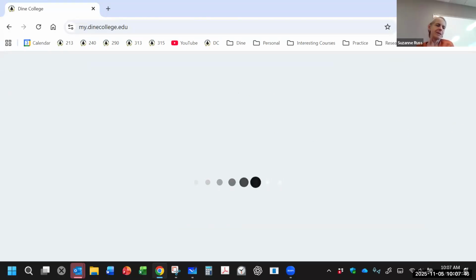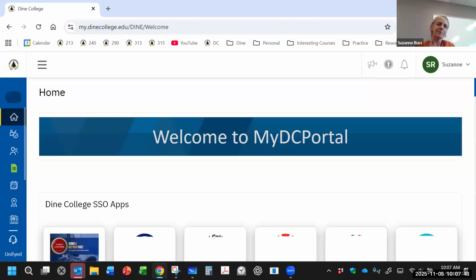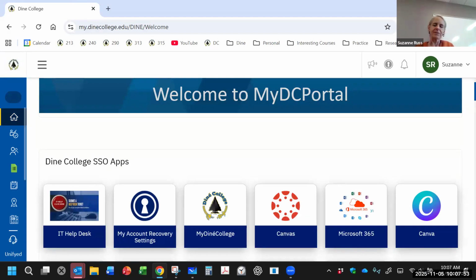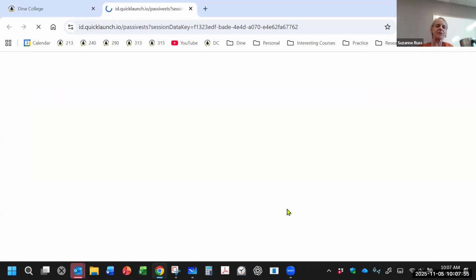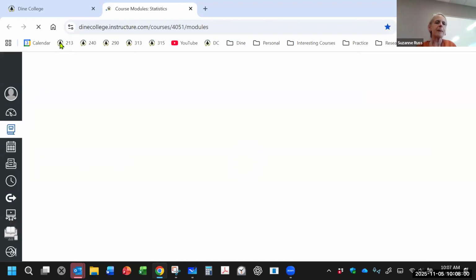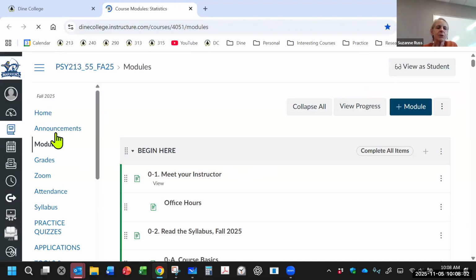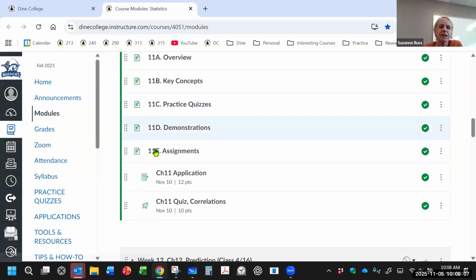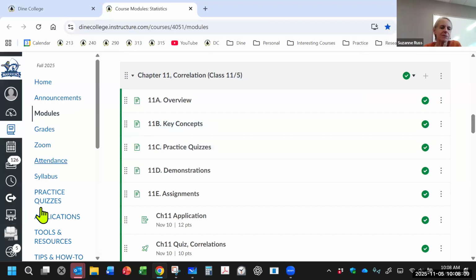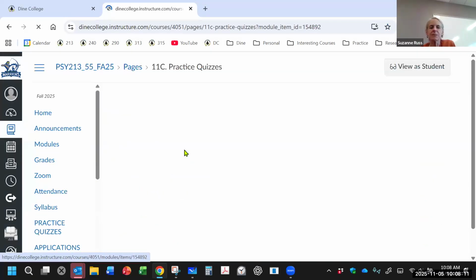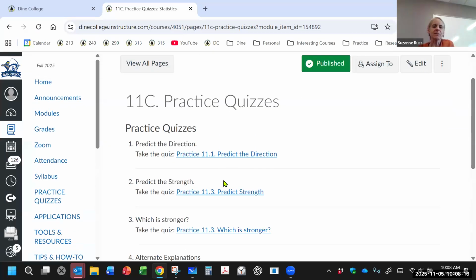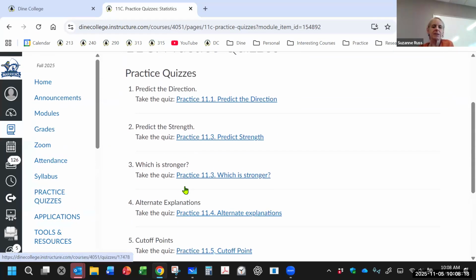Okay, this should let me in momentarily. Can't get in through my links at the moment because there's a conflict between my two computers. So we're going to go to the modules and then you can get into them through the practice quiz in module 11. I think also through this link on the left menu. I'll go in this way. And yes, looks good.